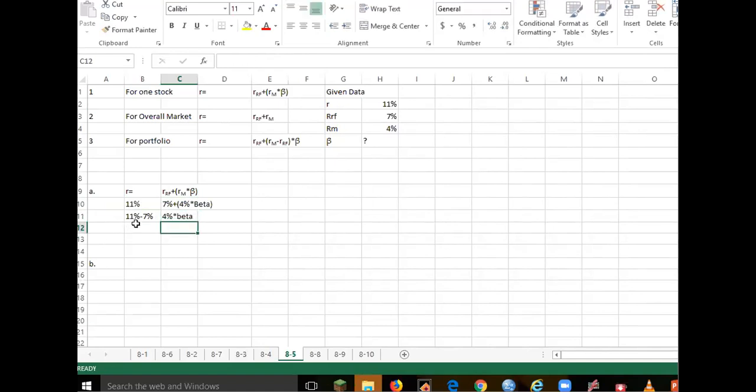In the next step, 4% divided by 4% is equal to beta, and 4% divided by 4% is equal to 1. So beta is 1. This is the answer.